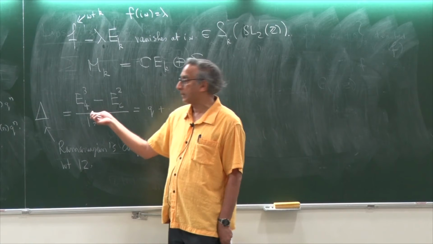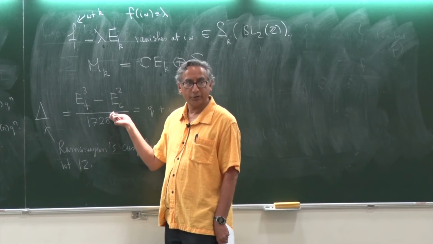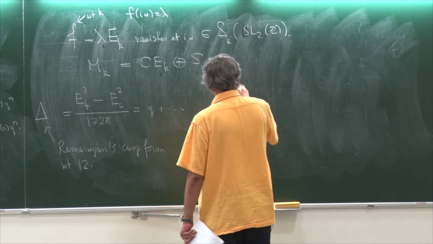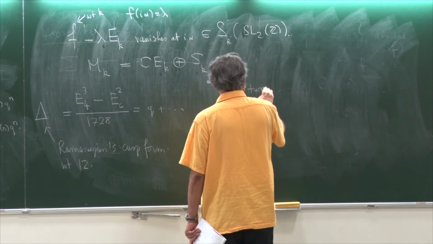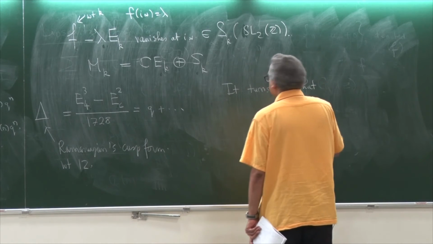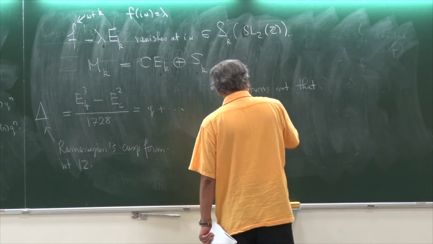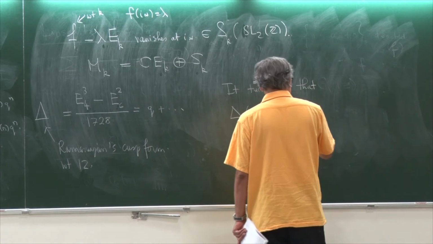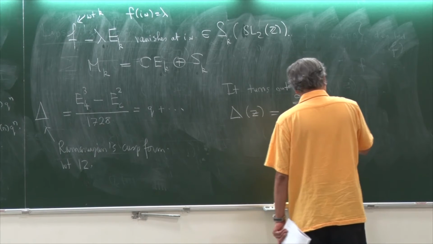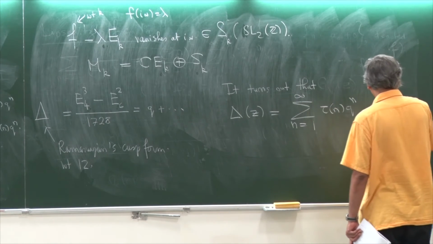From this particular expression, it isn't clear that the coefficients of this Q expansion are integers, but they are. Okay? Turns out that delta has a Q expansion given by Ramanujan's expansion, tau, where these tau are integers.